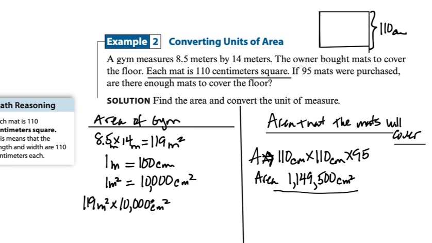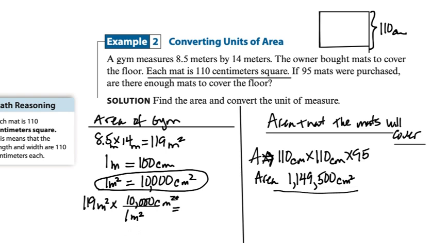So I would literally do this, but let's think about why this works as a conversion factor type of problem. Let me go back. I know that 1 meter squared is equal to 10,000 centimeters squared. So I'm going to write that as the number 1 in a fraction form like we did before. But notice I'm going to put the 1 meter squared at the bottom because I want those to cancel out. And I want my answer in terms of centimeters squared, so 10,000 centimeters squared is equal to 1 meter squared.